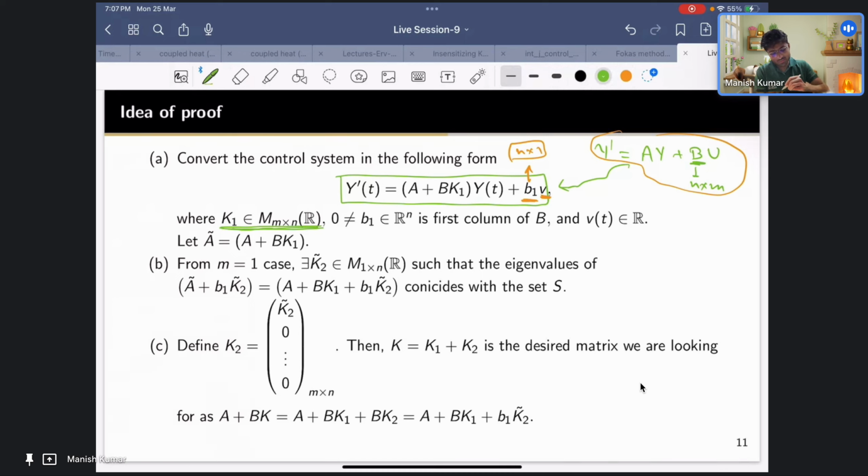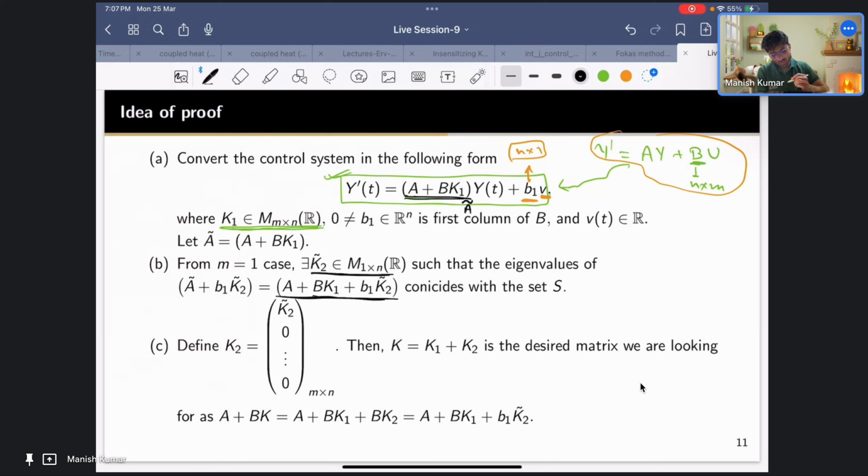Now for this control system, let us call this A plus Bk1 by some other notation, A tilde. This is something we have already seen for m equal to 1. Using that theory for m equal to 1, you can find the matrix k2, or k2 tilde, in m1 cross n, such that this matrix will have the desired eigenvalues.